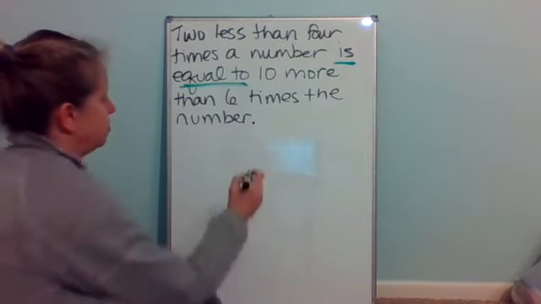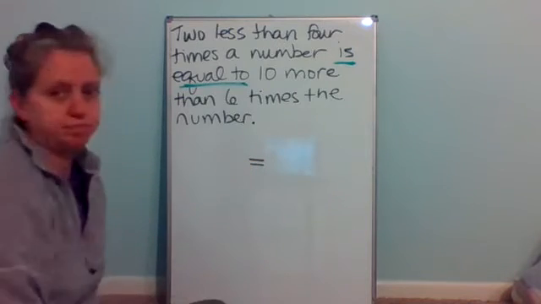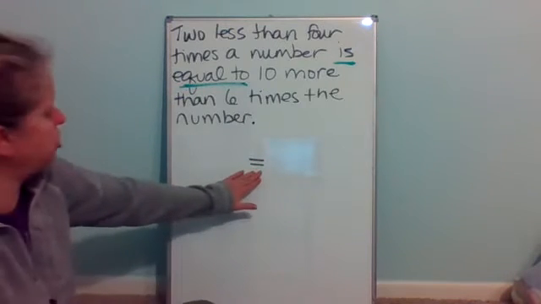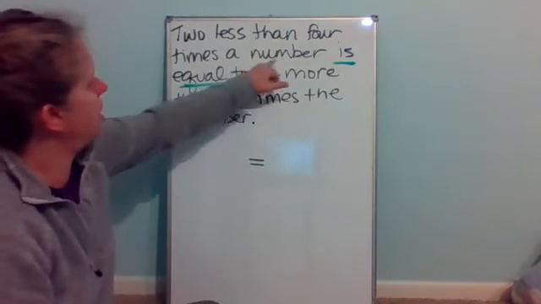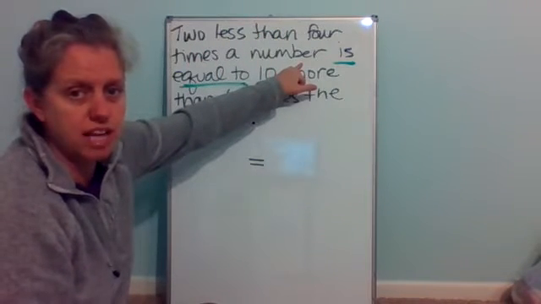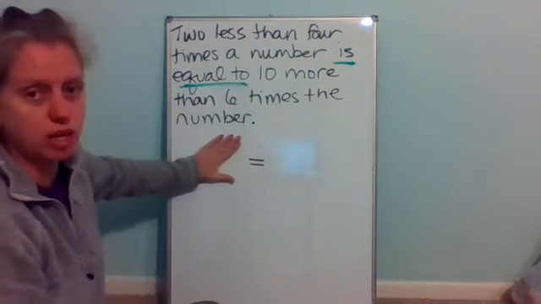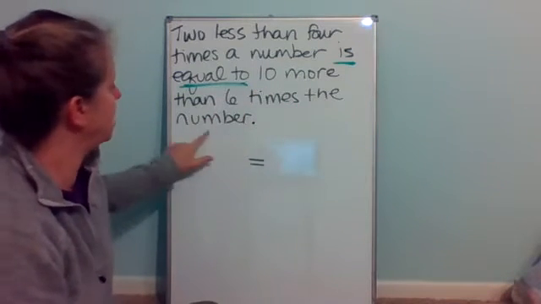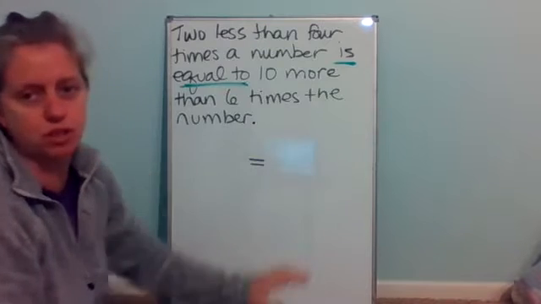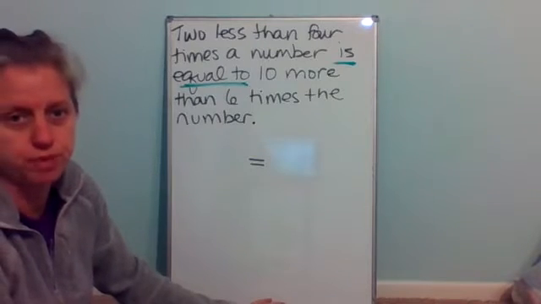So just go ahead and put it right in the middle. Once you have your equal symbol placed, the part of the sentence that comes before that will come in front of your equal symbol, and the part of the sentence that comes after that will come after your equal symbol.